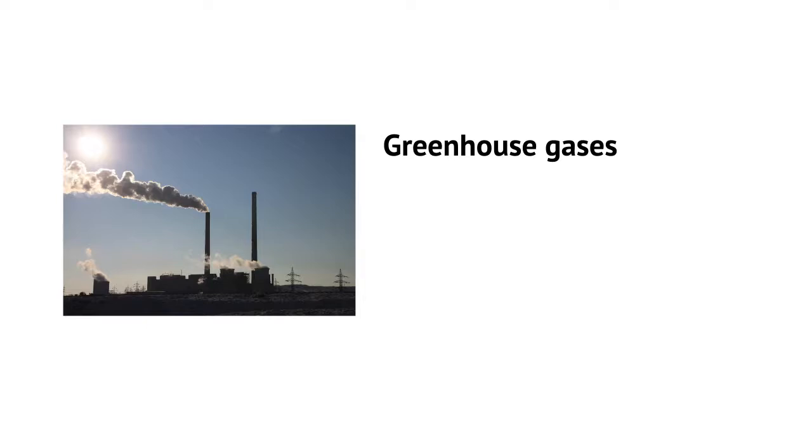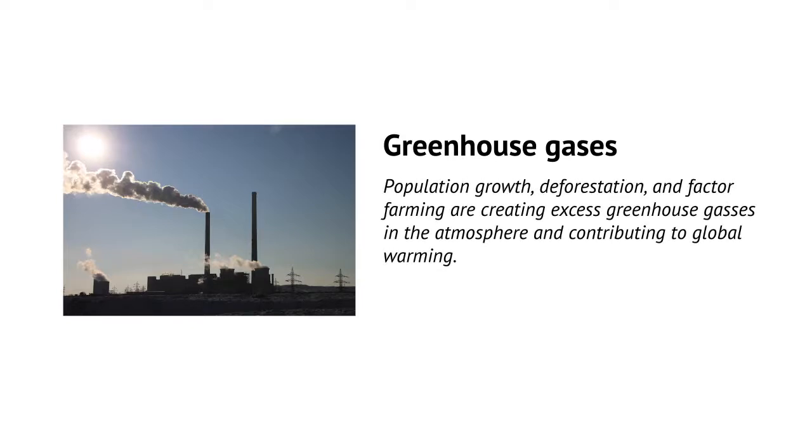Some greenhouse gases occur naturally, but human activity leads to release of enormous extra amounts of greenhouse gases. Example: population growth, deforestation, and factory farming are creating excess greenhouse gases in the atmosphere and contributing to global warming.